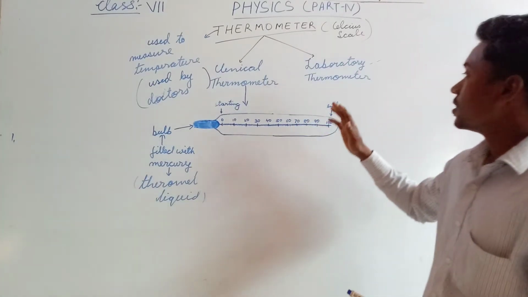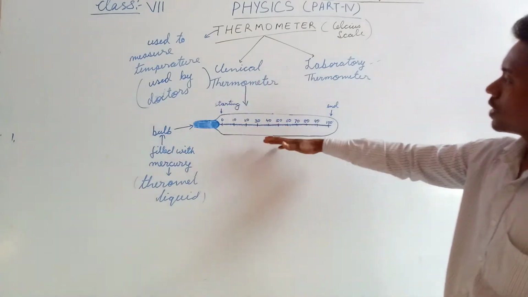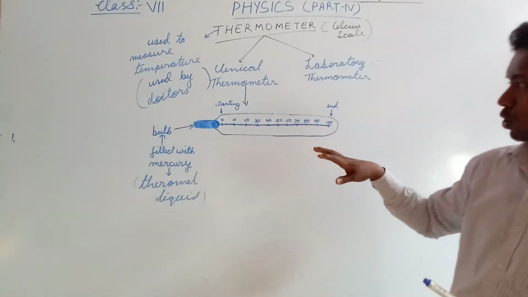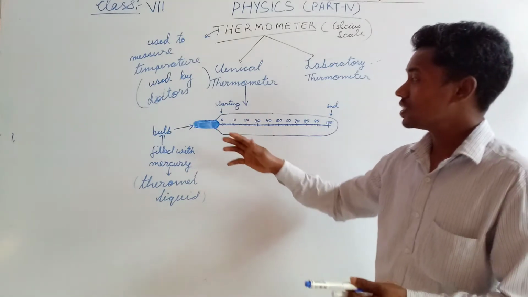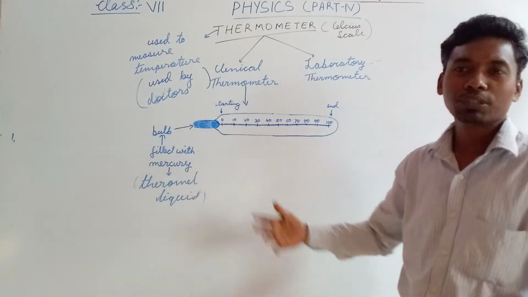Okay, so this is our diagram for the laboratory thermometer. So you can see what is the difference. In the previous diagram we had a kink here, the kink is missing.